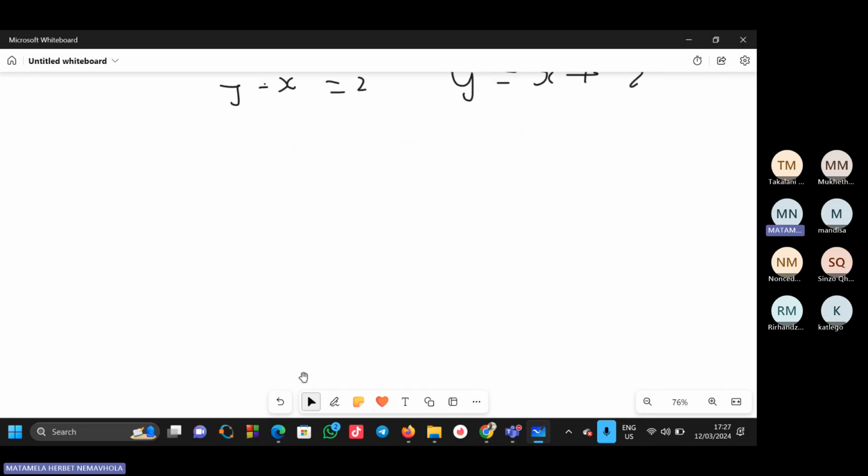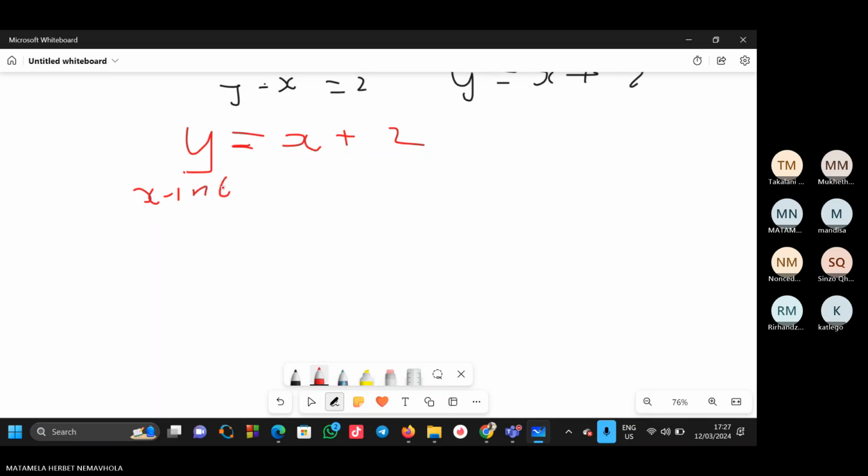Now I have found my straight line, which is y equals x plus 2. So in this straight line, or linear, we have something called the x-intercept. For the x-intercept, our y value must be equal to 0.